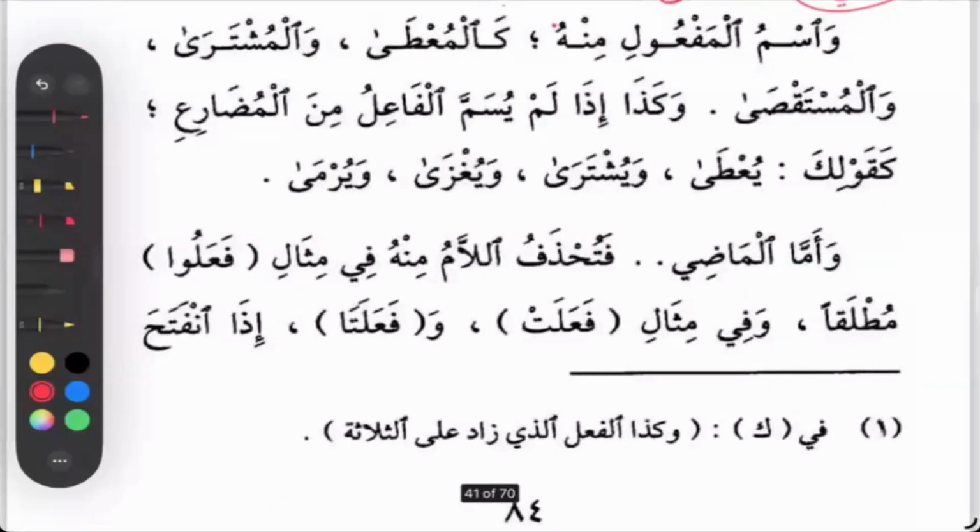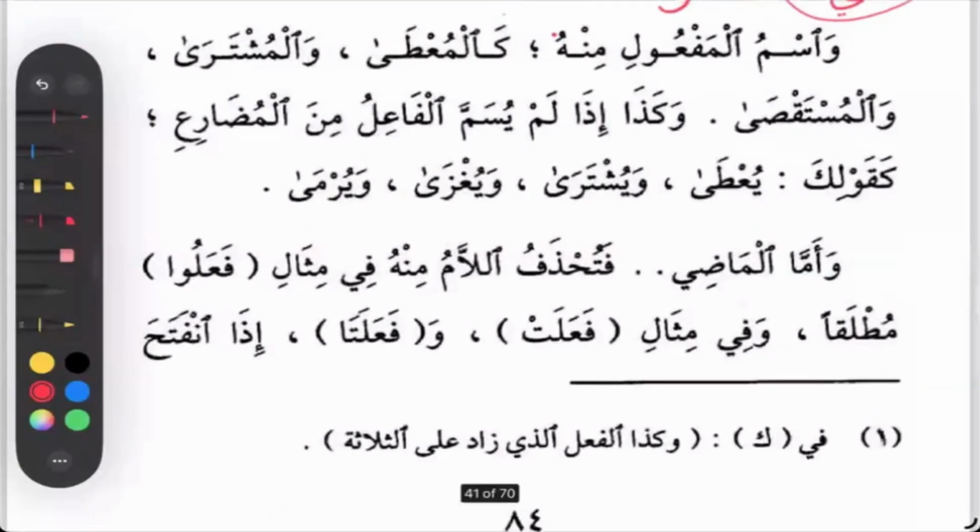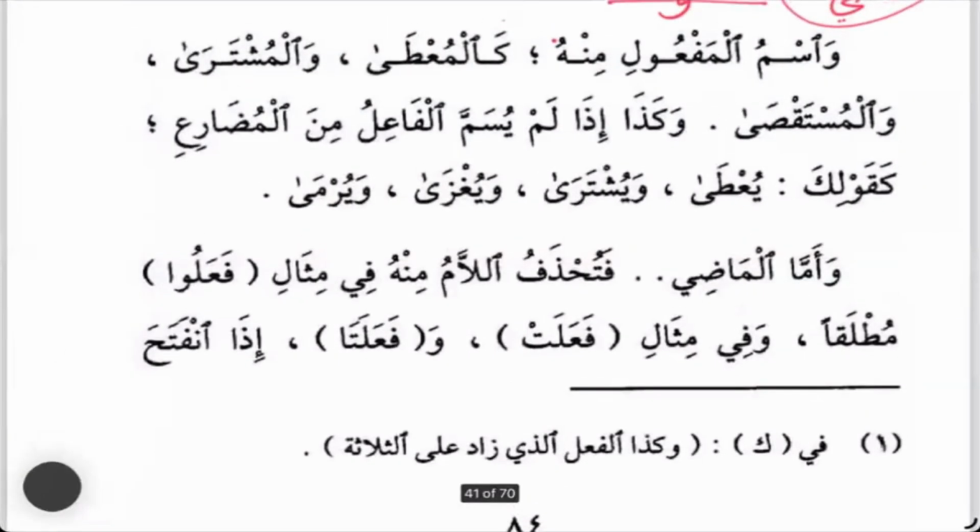So now we're picking up from where we left off. He says: واسم المفعول منه كالمعطى والمشترى والمستقصى. Same rule still. The last letter, the wow or the ya, is going to flip into an alif in the case of ismul maf'ul, the name of the receiver.